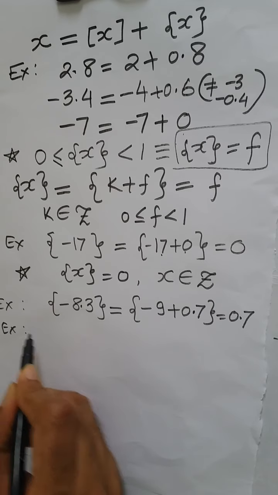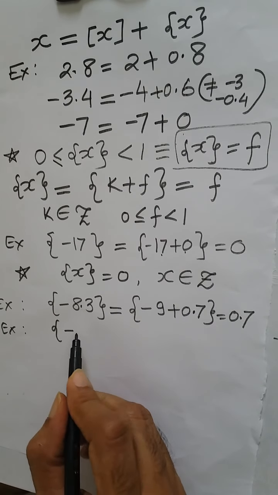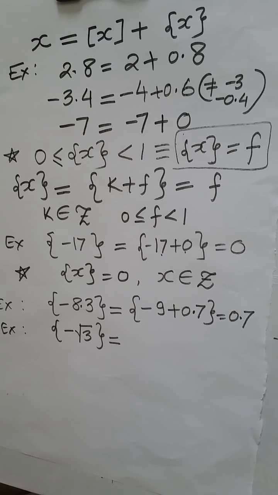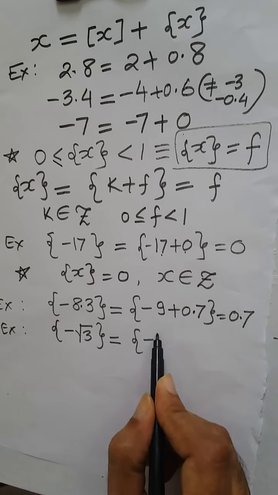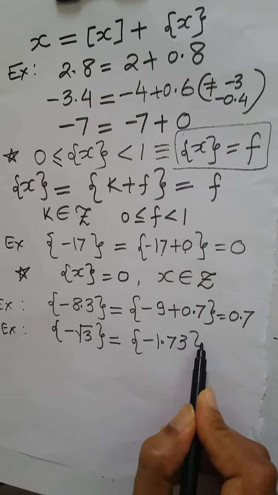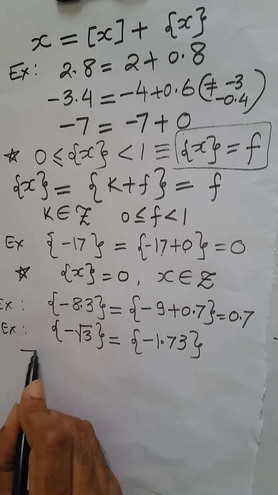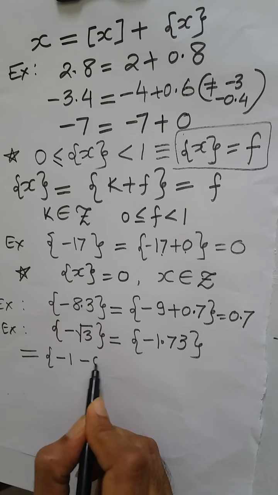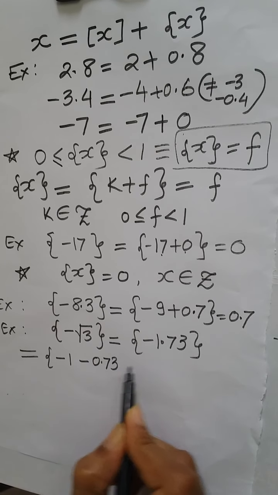Another example, if I ask you what is the fractional part of minus root 3. We know that minus root 3 is approximately minus 1.73, which we can write as minus 1 minus 0.73.